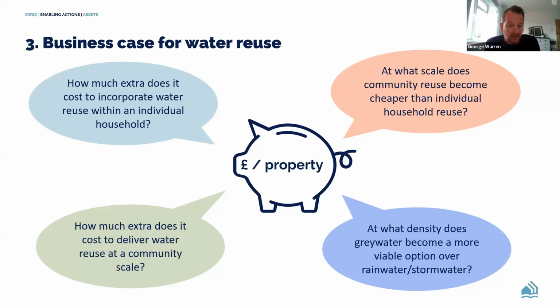And if we are to put in environmental incentives as water companies, what's the scale of incentive that may be necessary in order to either incentivize or 100% fund that additional cost? And then, at what density or on what scale do these things start to stack up? I will tell you now, I don't believe that this piece of work has yet answered all these questions, but let's have a look at what we did together.